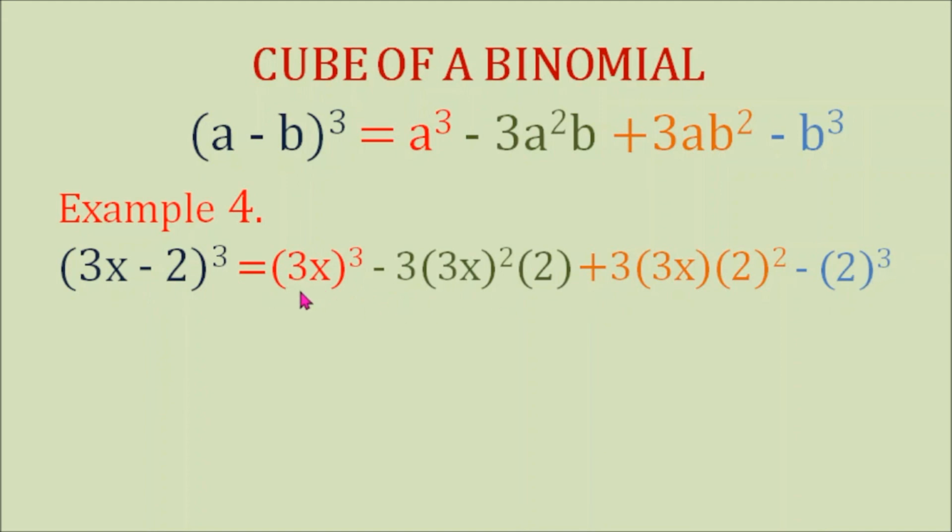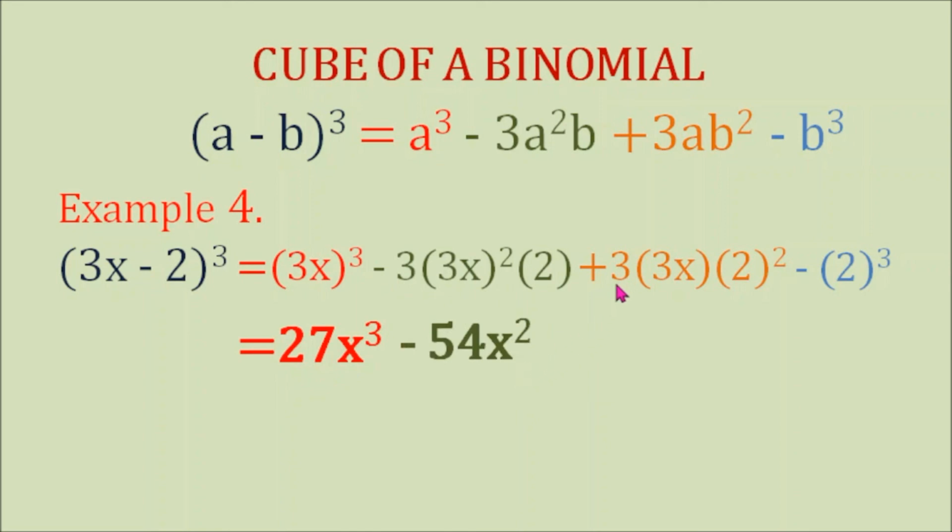The quantity 3x cubed means 3x times 3x times 3x, and that's 27x cubed. For our second term, the quantity 3x squared means 9x squared. Then times 2, it's 18x squared, times -3, that's -54x squared.